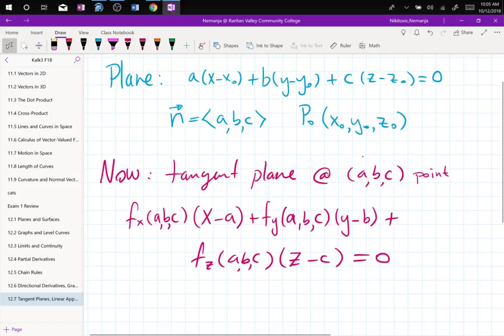As you can see, the notation has changed: your old normal vector is now the vector of partial derivatives, and your point that used to be x0, y0, z0 is now called (a, b, c).